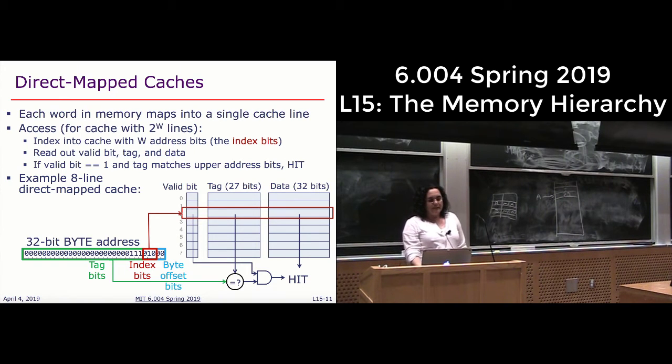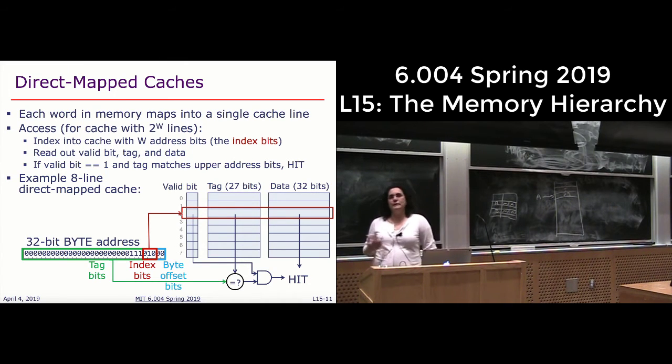In a direct mapped cache, every word, or every address, maps to a single line in my cache. So how does that work? I basically take my 32-bit address and I divide it up into different pieces. Suppose I have here a cache that has W lines, or in this example, 8 lines.